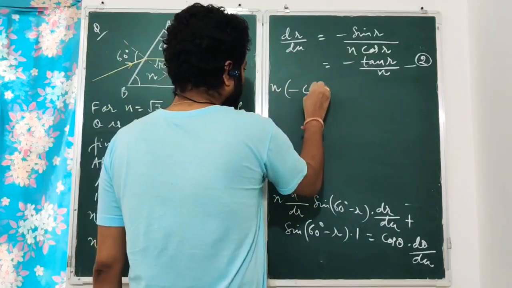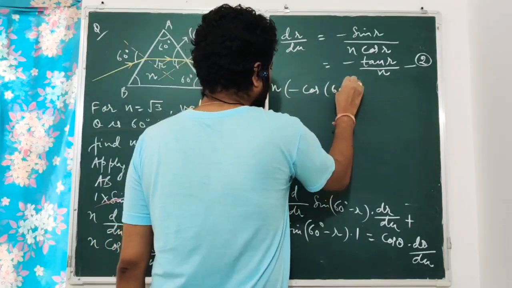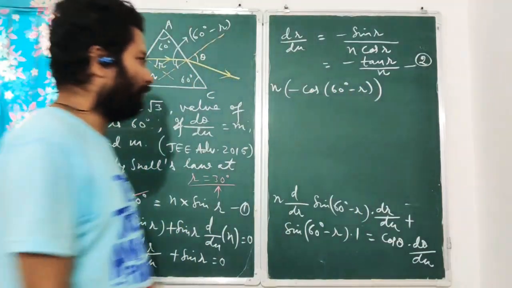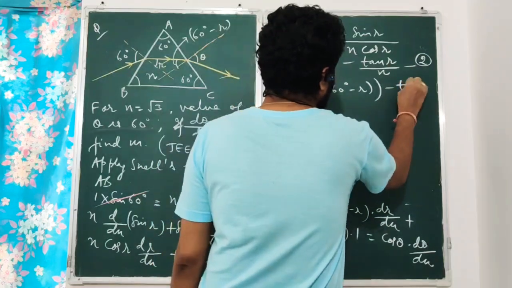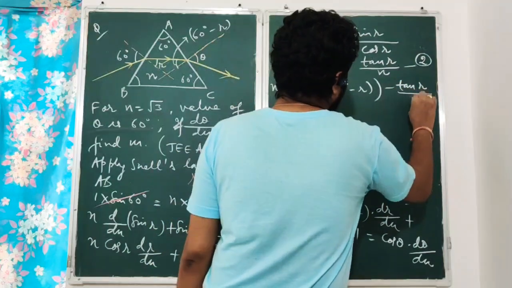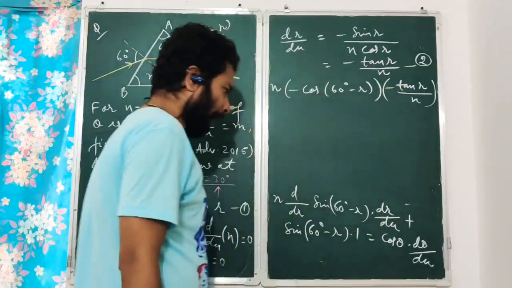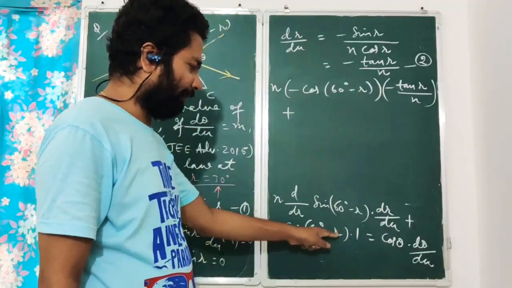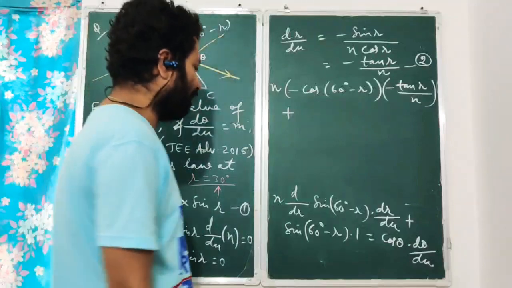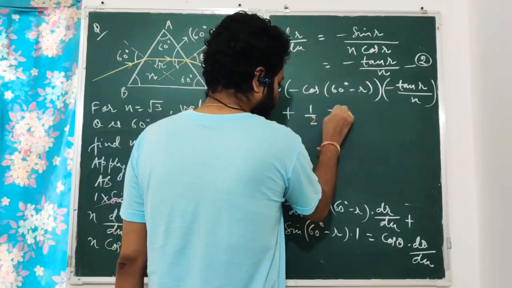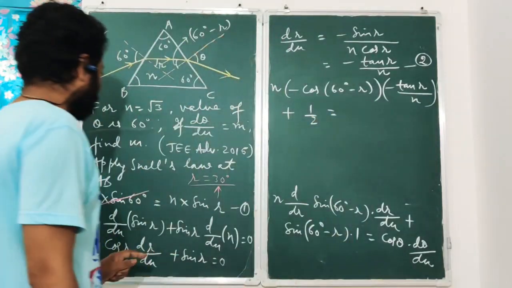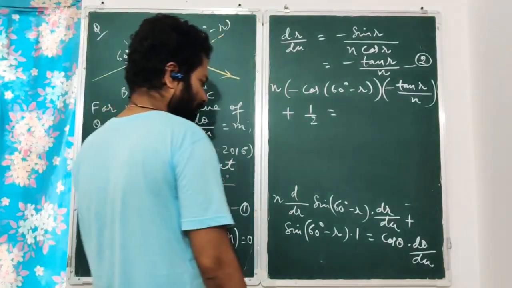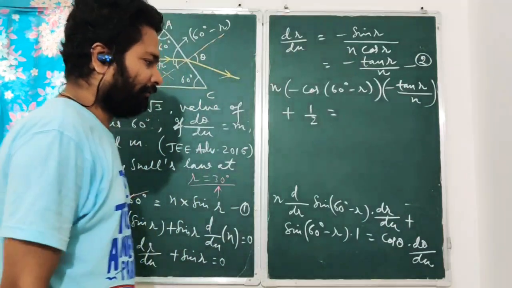So n of minus cos of 60 degrees minus r into dr by dn, which is into minus tan r by n, plus here it is already sine 60 minus r. So sine of 30 degrees is plus half, and that is equal to cos theta. Cos of 60 degrees is half, right?